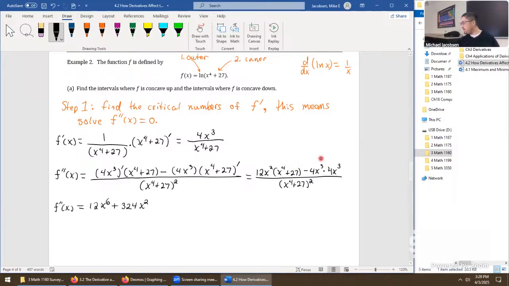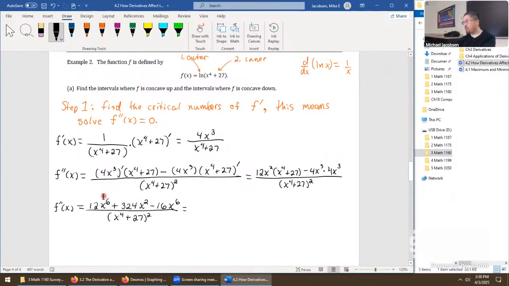Then over here, this is going to be minus 16x power 6, all of which is divided by x power 4 plus 27 squared. All I've done here is distribute this group right here, multiply that group.